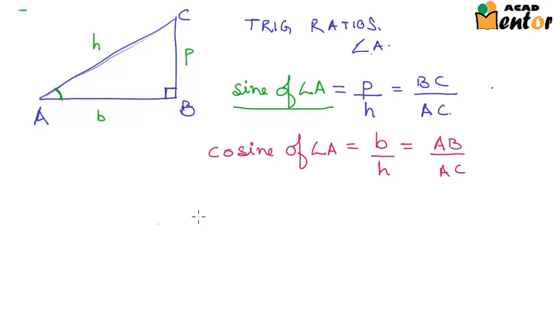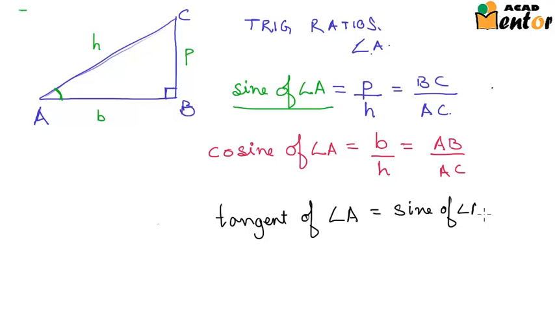Now the third ratio is tangent of angle A. We have paired perpendicular with hypotenuse, and we've also paired base with hypotenuse. Now the only thing remaining is perpendicular by base. So tangent of angle A is nothing but sine of angle A by cosine of angle A.